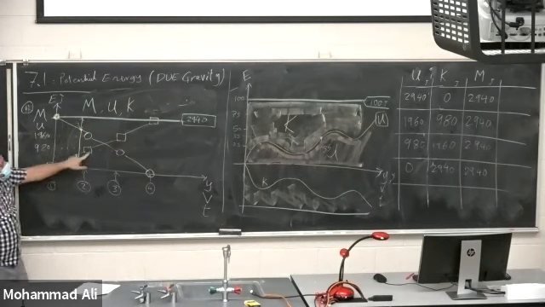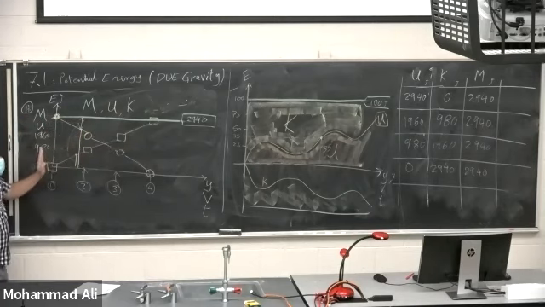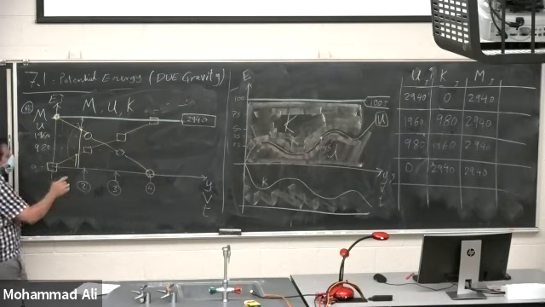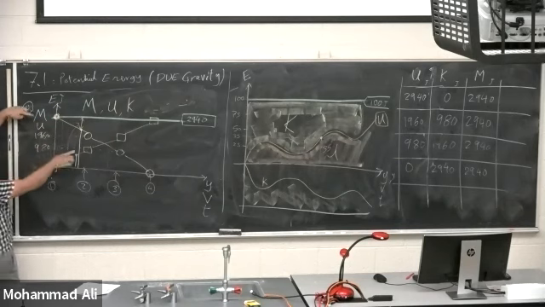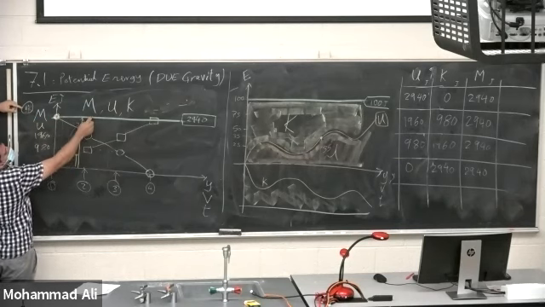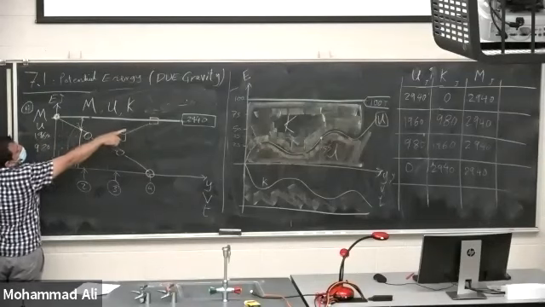The orange one is the kinetic energy, the yellow one is the potential energy. If I pick any two points, for example, this and this, and add their quantities together, then I will find the final mechanical energy. If I add 980 to 1960, I will find 2940.